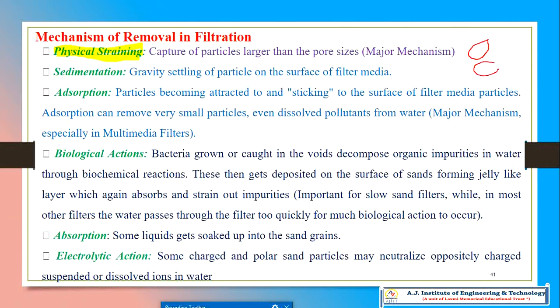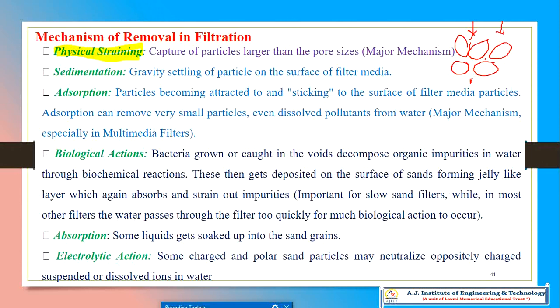This is one more example. These are sand particles, and water is allowed to pass through the bed of sand. If the particle is smaller than the pore size, it will pass.